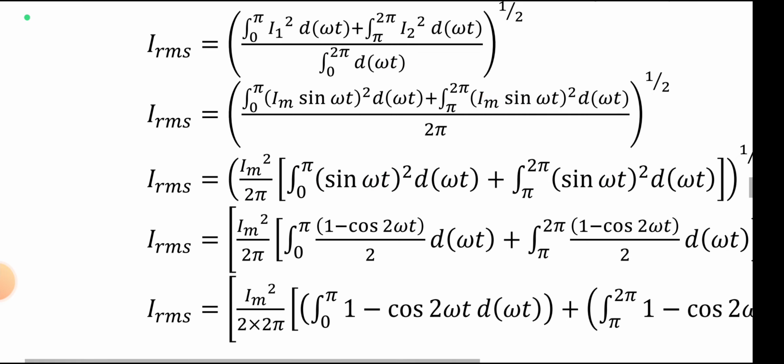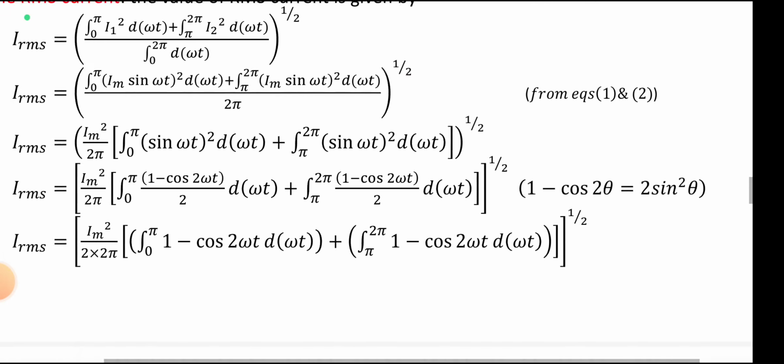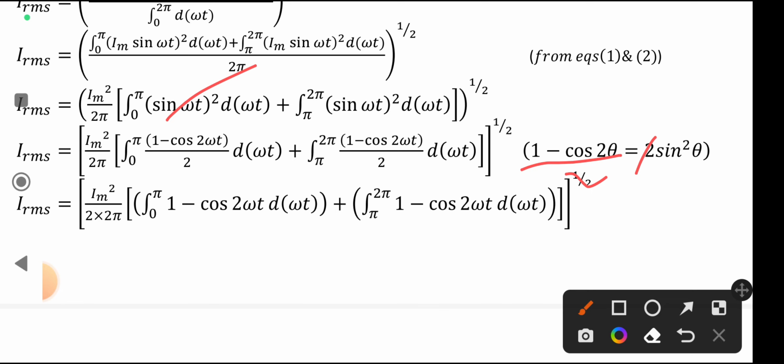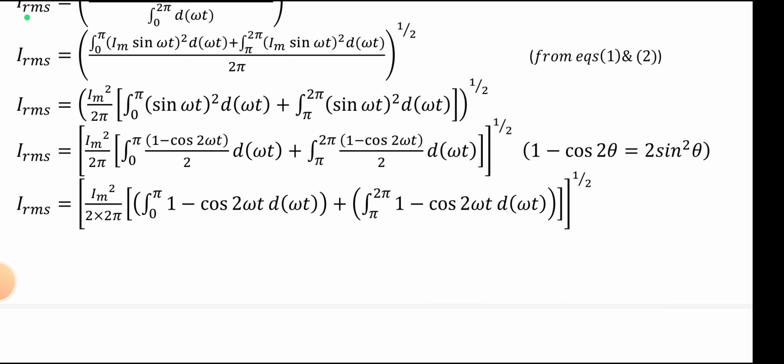This is a basic formula known to mathematics students: 1 minus cos 2 theta is equal to 2 sin square theta. Here there is no 2, only sin square, so it is written on this side. When the angle is 2 omega t, you write 2 here.